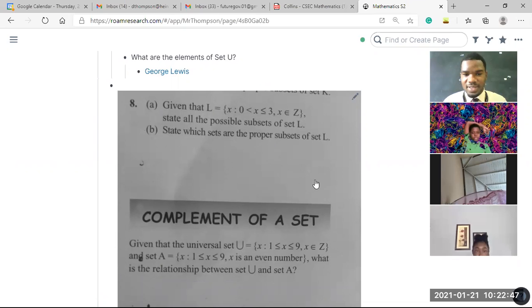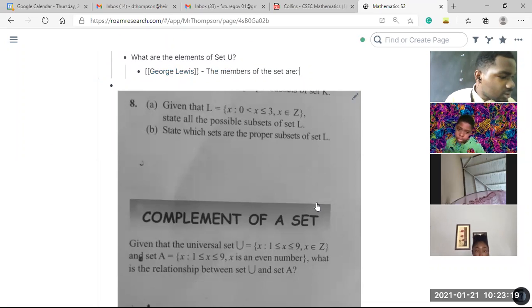Sure, no problem. So, George, what are all the values of x that are greater than or equal to 1 and less than or equal to 9? Tell me all the members of the set. Let me give you an idea.